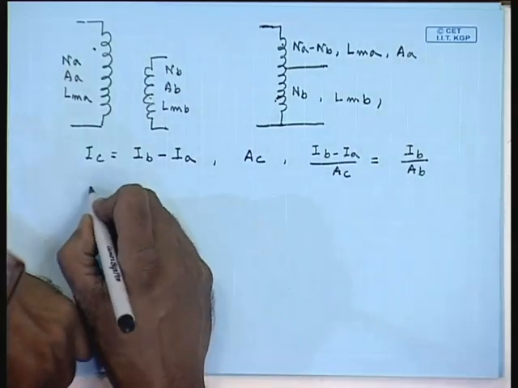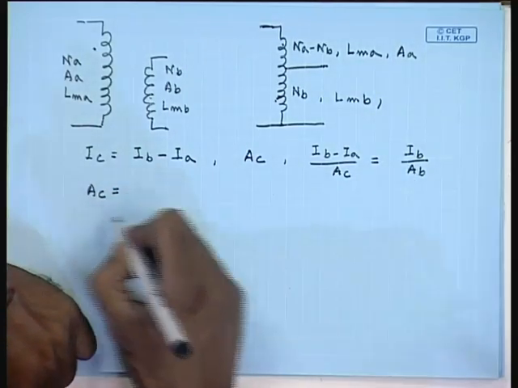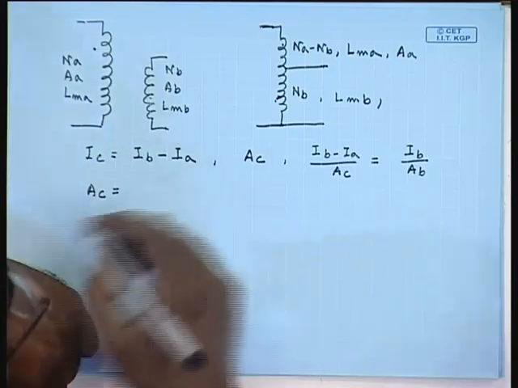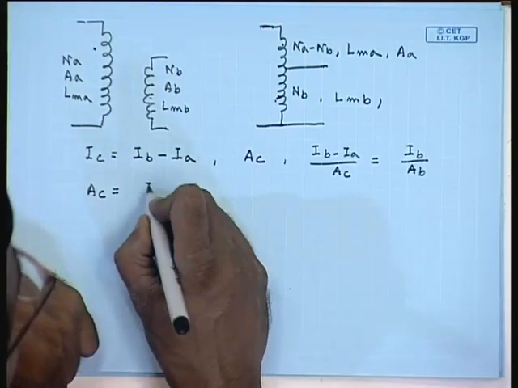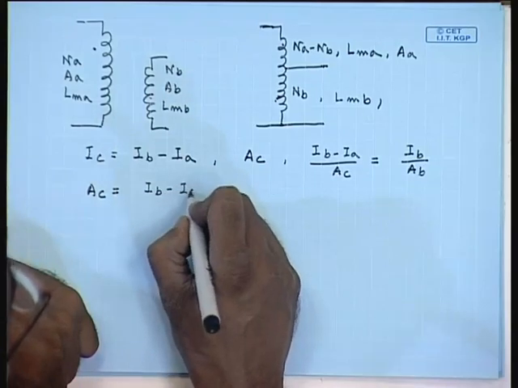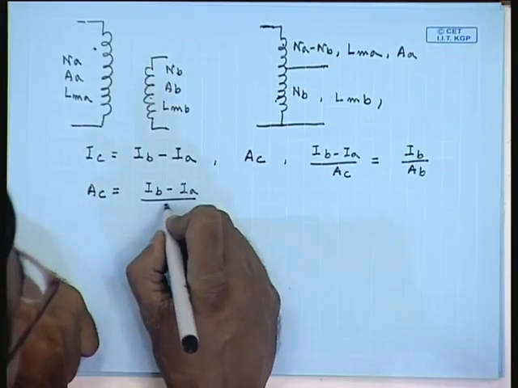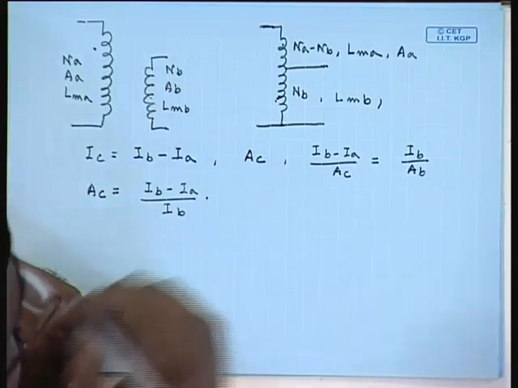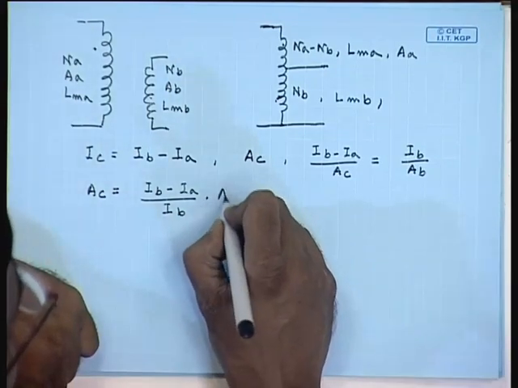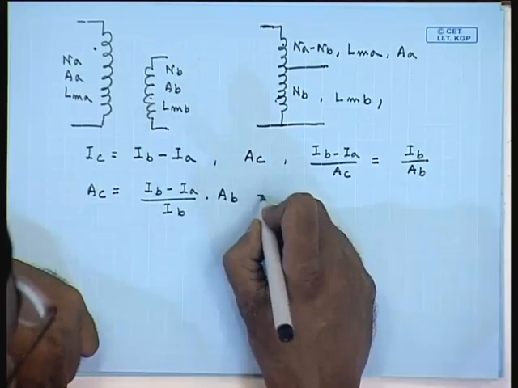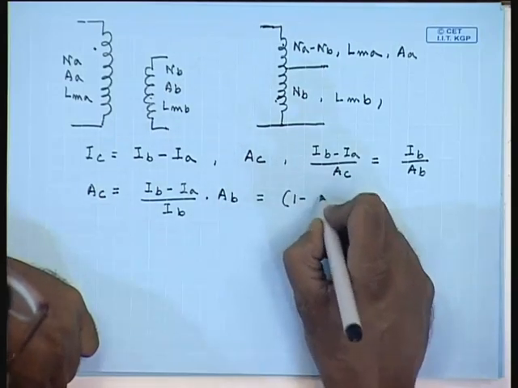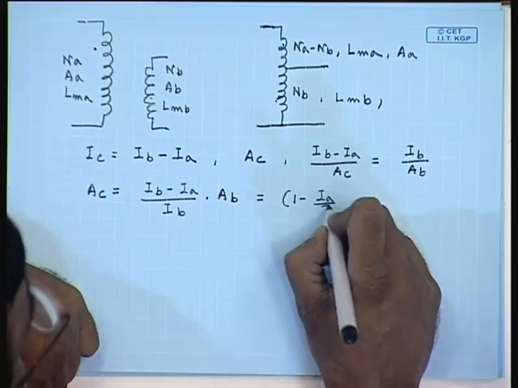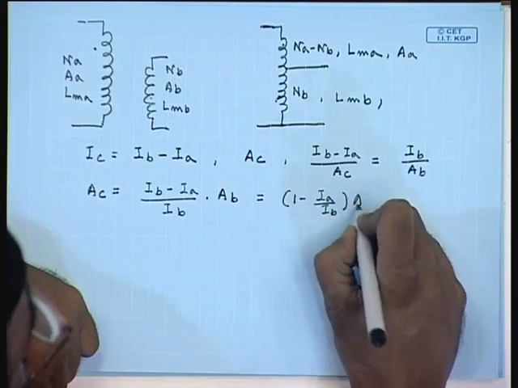Therefore, AC equals (IB minus IA) by IB into AB, that is, (1 minus IA by IB) into AB.